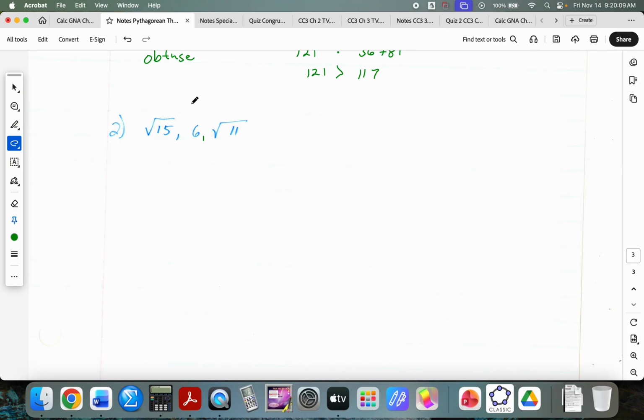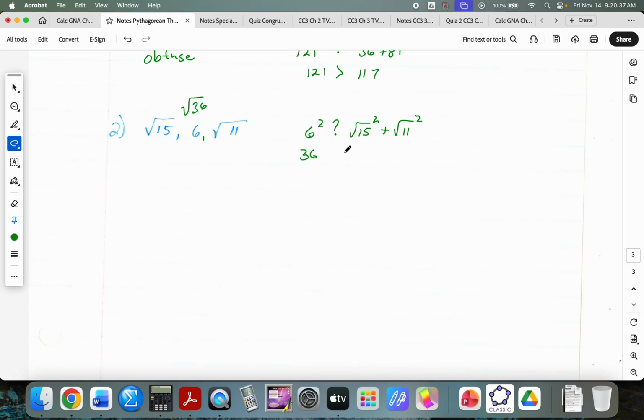What can I take the square root of and get 6? 36. So 6 is the square root of 36. So now they're all square roots and I can compare them. Which one is the biggest? 36. Yeah. So it'll be 6 squared compared to the square root of 15 squared plus the square root of 11 squared.